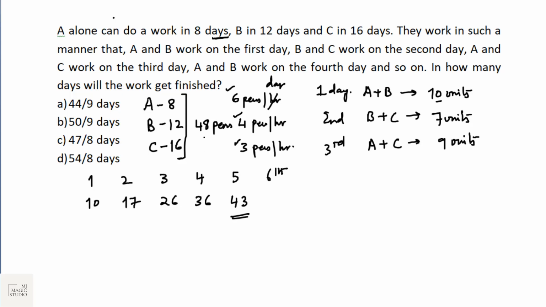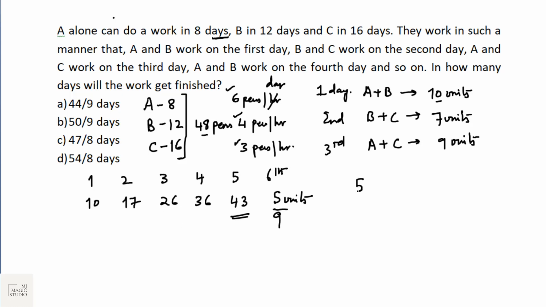On the sixth day 48 minus 43, that is only 5 units need to be produced. On the sixth day A and C are producing 9 units. But they are supposed to produce only 5 units. So they will take what fraction of the day? They will take 5 by 9th part of the day.